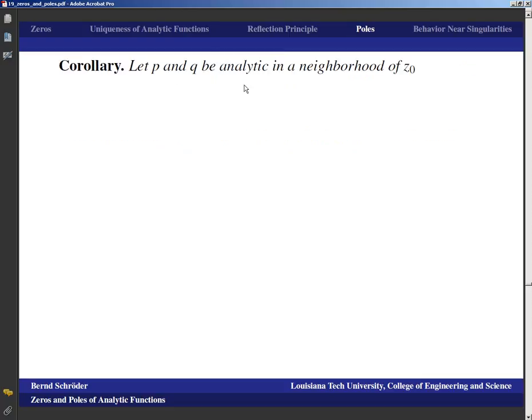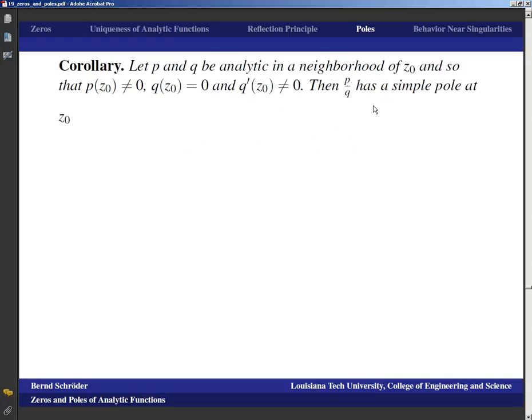As a corollary, if p and q are analytic in a neighborhood of z0, p of z0 is not equal to 0, q of z0 is equal to 0, q prime of z0 is not equal to 0, then p over q has a simple pole at z0, and the residue of p of z over q of z at z equals z0 is p of z0 over q prime of z0.